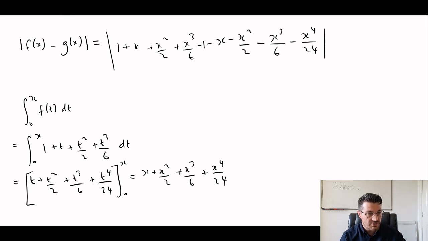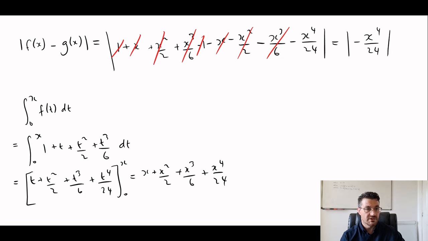So minus 1 minus... Yeah, because g of x is 1 plus the integral from 0 to x of f of t dt. So then we get some cancelling. So 1 cancels with 1. x cancels with minus x. x squared over 2. x cubed over 6. So this modulus is just equal to the modulus of minus x to the power of 4 over 24.